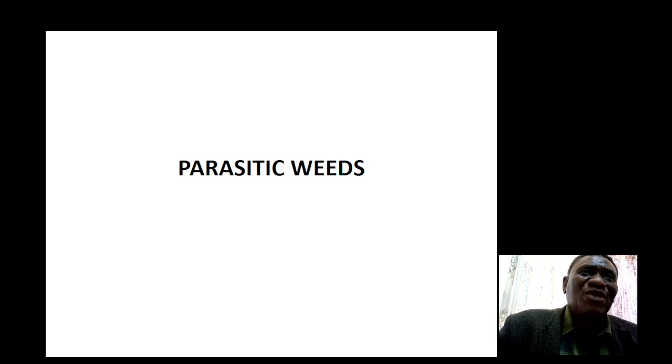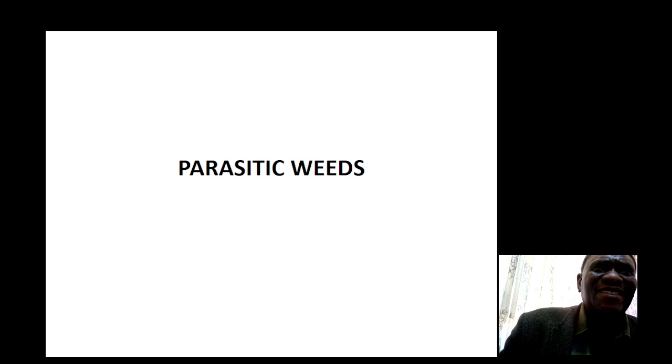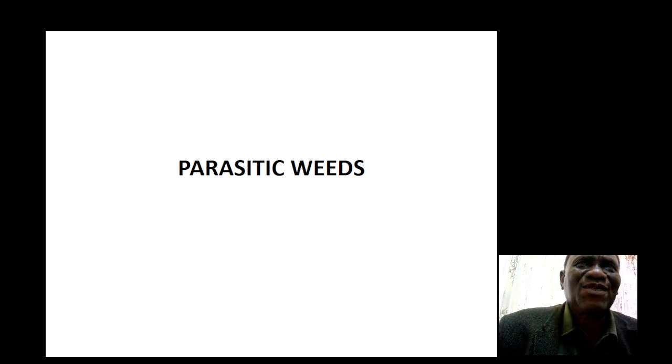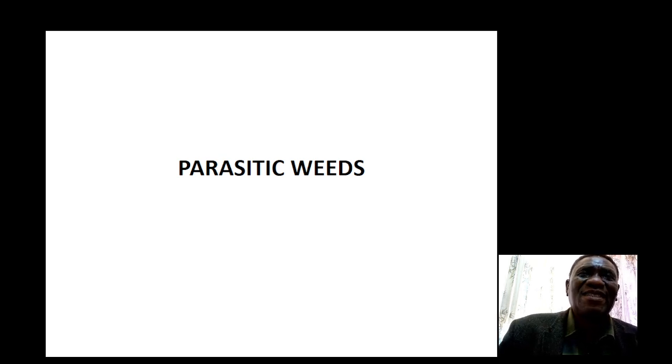These are the weeds which establish themselves on our crops, and it is quite a challenge because when we want to control these weeds, there's a possibility that we can end up also damaging the crop because they are attached to the crops.